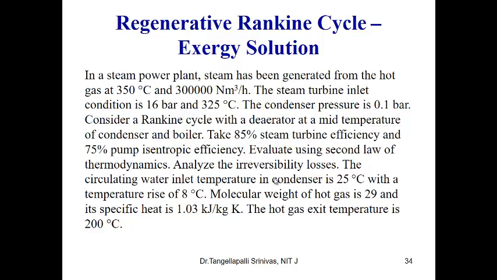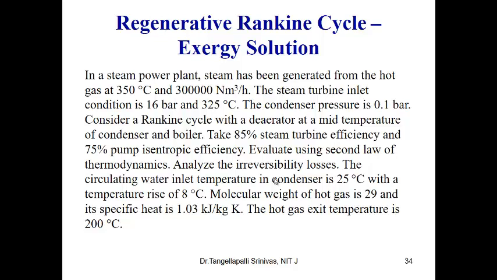Coming to this numerical problem on the regenerative Rankine cycle to show the exergy solution. In a typical steam power plant, steam is generated from hot gas at 350 degrees centigrade and 3 lakhs normal meter cube per hour. The steam turbine inlet condition is 16 bar and 325 degrees centigrade.